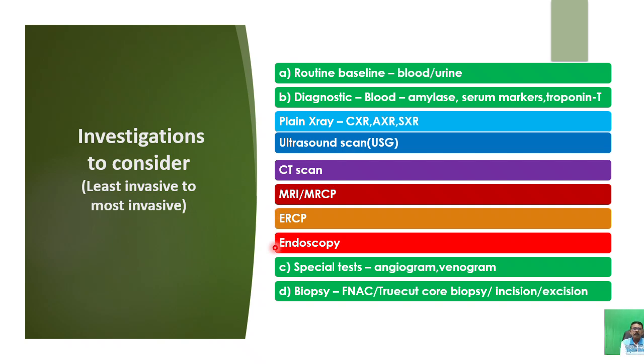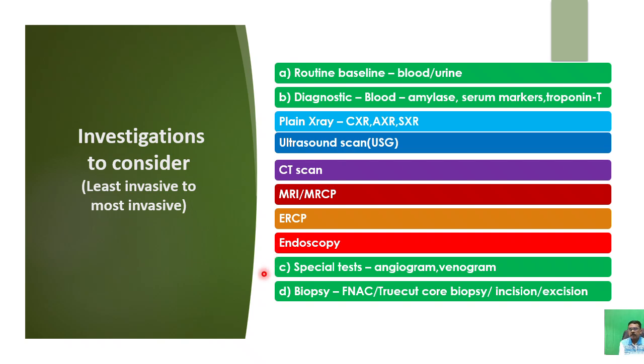Endoscopy is another very frequently done investigation these days, especially in surgery. Very important are your upper GI and lower GI endoscopy, known as OGDS and colonoscopy. These are very, very important examinations today.